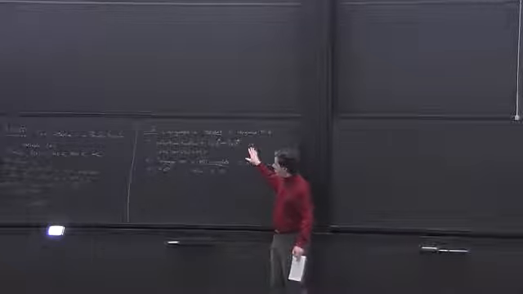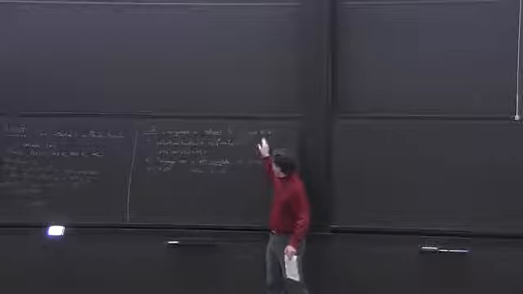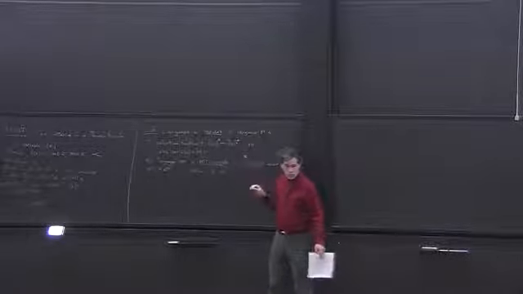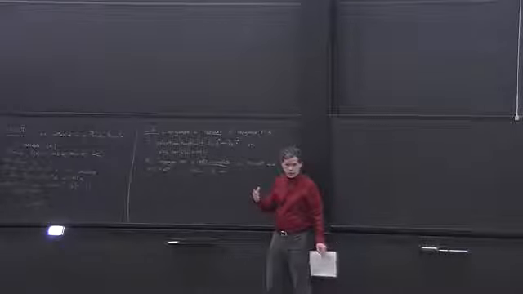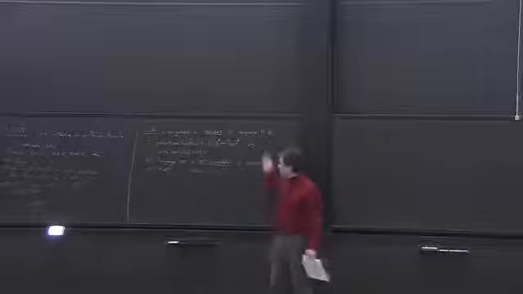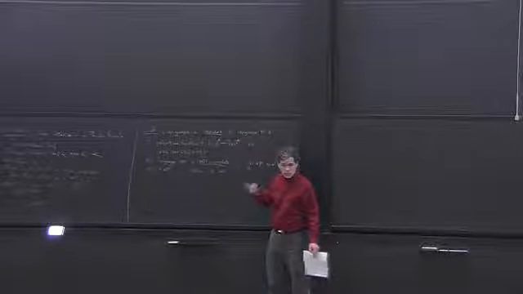Let's look at this definition, and why does it mean that M is at least as hard as L? Well, suppose you have an algorithm to solve M. Then I'll claim you also have an algorithm to solve L. Why?